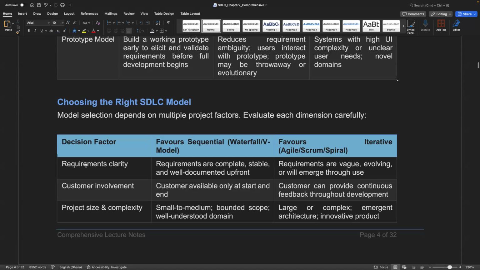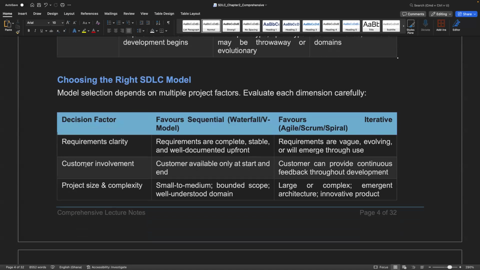So this table gives us a guide. First of all, you need to know the requirement clarity. Do we have all this upfront or as and when we need? Where everything is intact, not that you go and come back, the waterfall or the V model is highly favored.